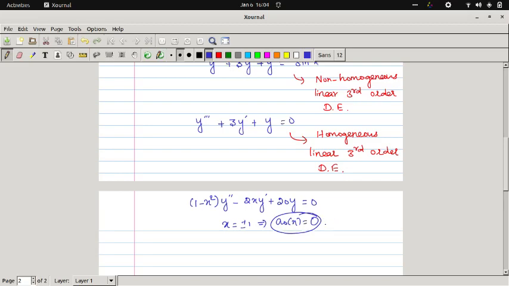This is a homogeneous linear second order differential equation. In this, a naught of x not equal to 0 is required. Whenever the interval does not include these points, only then is this differential equation second order.